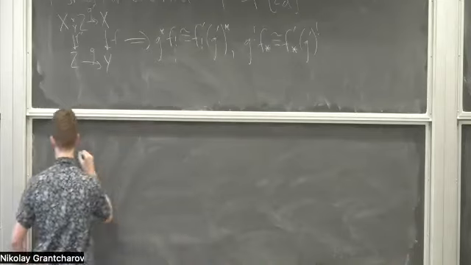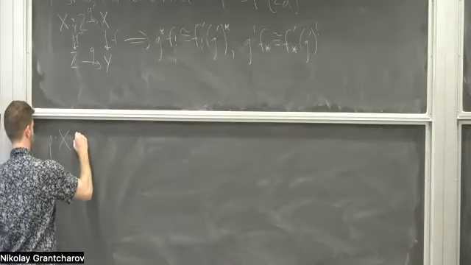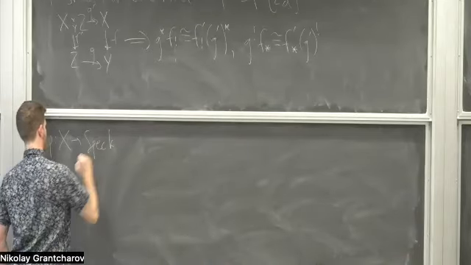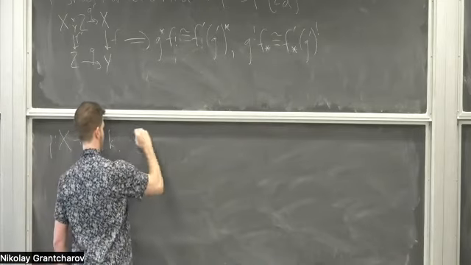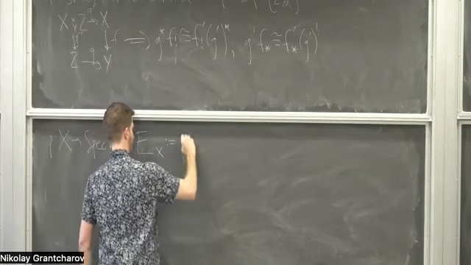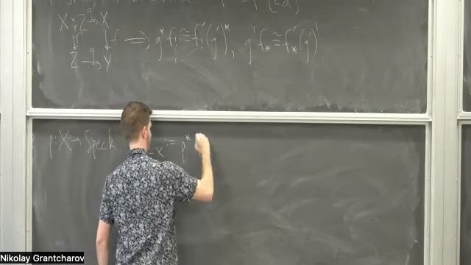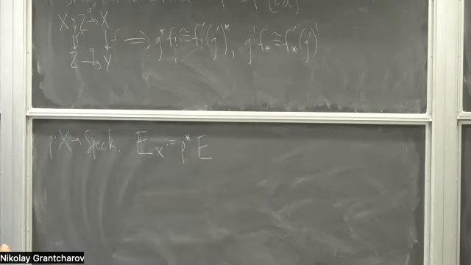So if I write P for the structure map from X to spec K for some scheme X, let me write E sub X for P upper star of the constant thing with value E on a point.